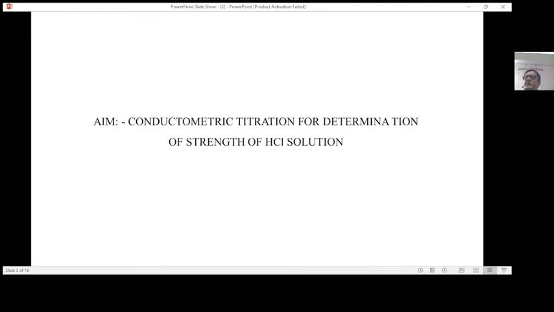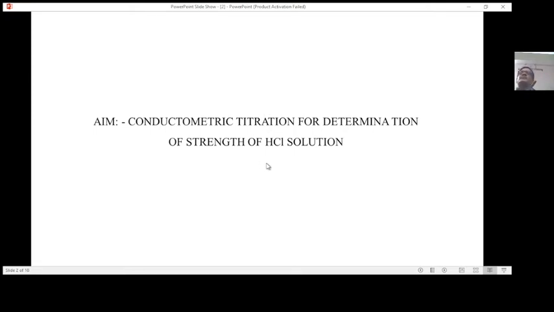So the aim is the determination of strength of HCl. As we know, HCl is a strong acid, but it is a secondary standard.